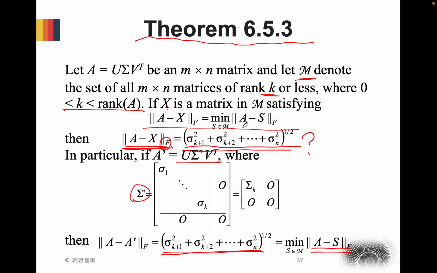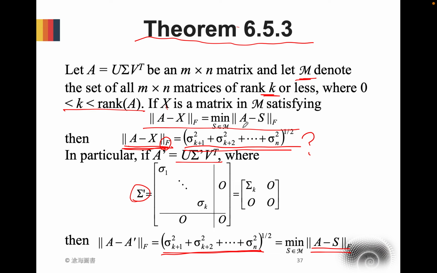So how can we set up the matrix A prime? We just need to put all the smallest singular values at the right bottom side, so that the sum of the smallest singular values could be minimized.